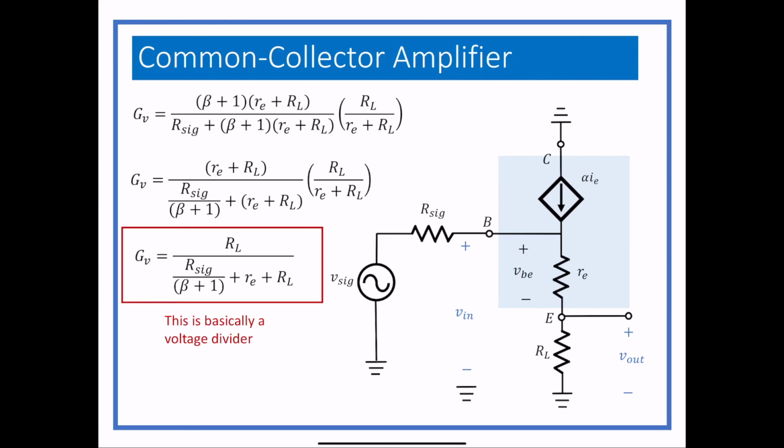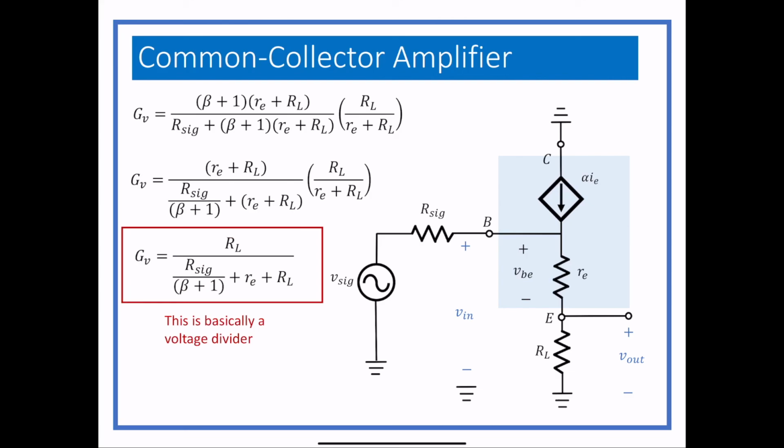That's all it is. Because the signal comes in, goes through R signal, then through RE, then through RL. And if we were to make it all have the same current, our signal would have to be divided by beta plus 1 to have the proper current in it. And so basically that's all it is.